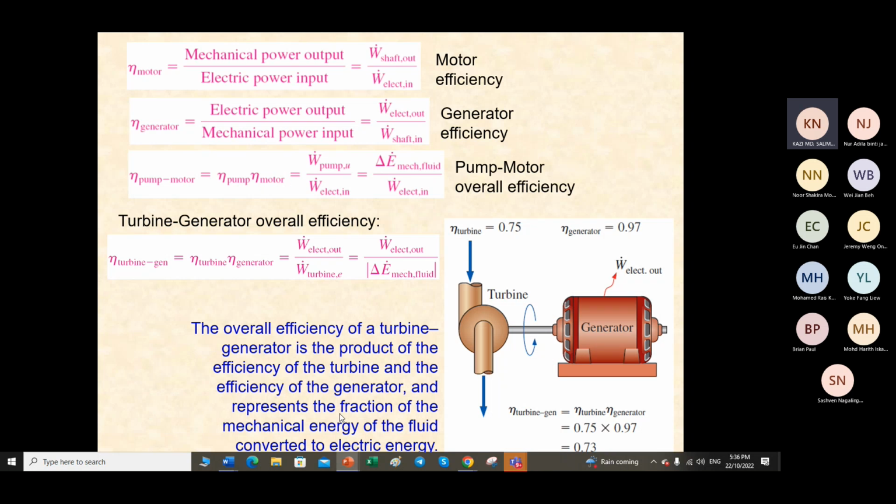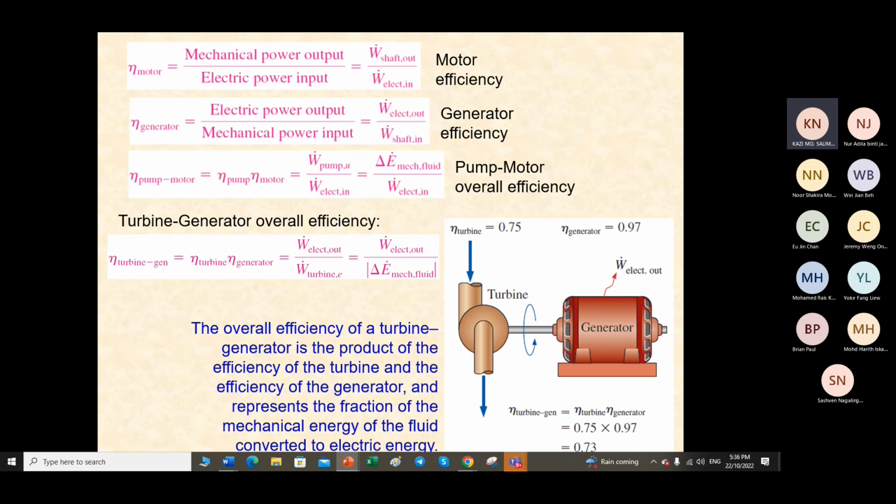So we move further. If the motor efficiency is also given, not 100% efficiency but a certain value, then eta motor is equal to mechanical power output divided by electrical power input. That is the efficiency of the motor.